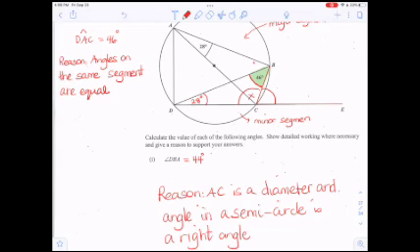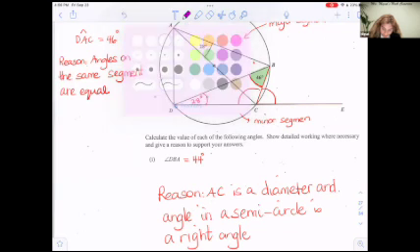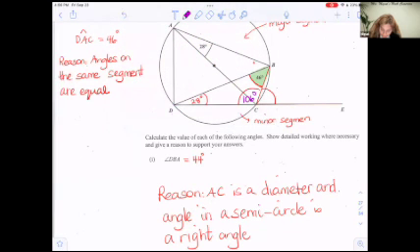Done, miss. How much is it? 106. Who could confirm that? Yeah, miss, I can confirm that. Right. Now, if this is 106, this here is a straight line, and the angles on a straight line is 180. So work out this part here.